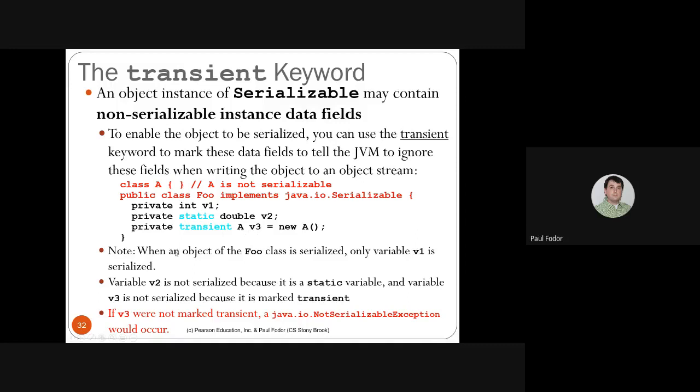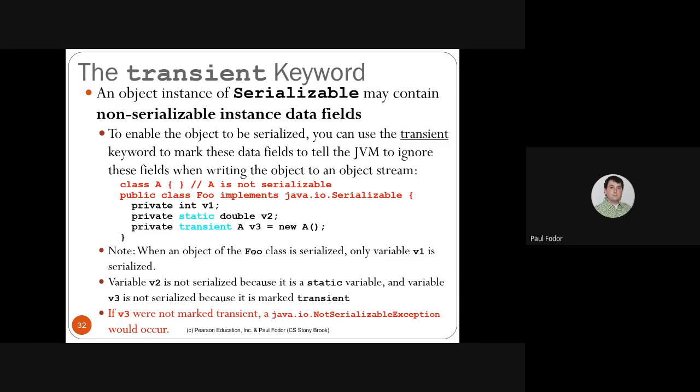What we can see is that when an object of the class Foo is serialized, only the variable v1 is serialized. Variable v2 is not, because it's a static variable. It belongs to the class itself, not to any object. And the variable v3 is not serialized because it's marked as transient.